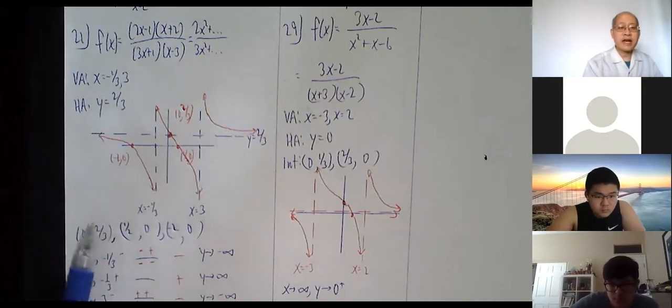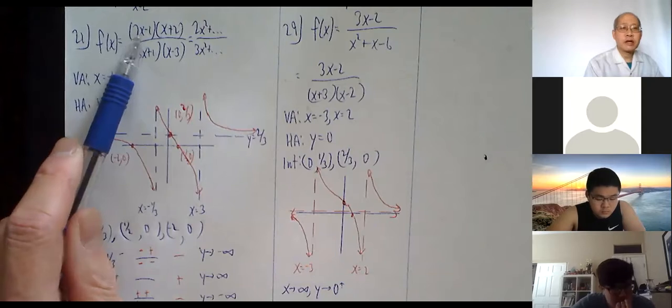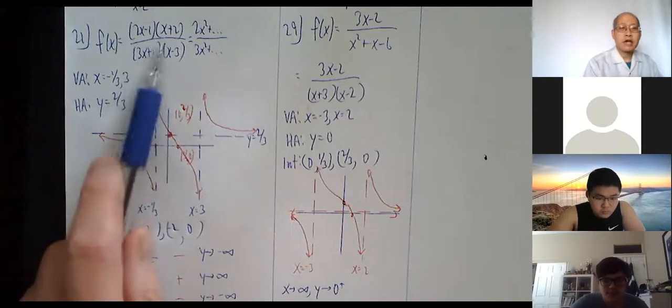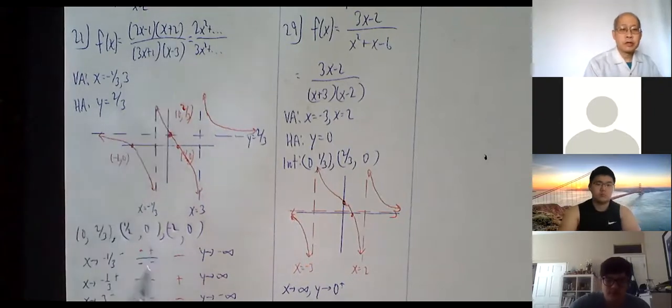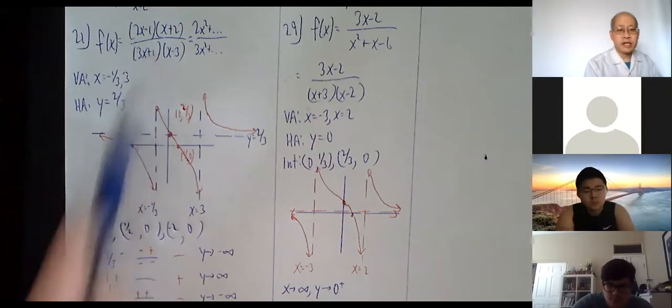Okay, so I'm going to plug in -1 everywhere and get the sign. 2 times -1 minus 1, that's a negative. -1 plus 2 is positive. 3 times -1, -3, plus 1 is a negative.